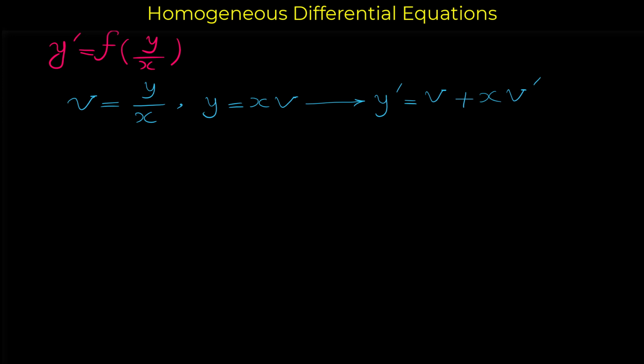Our first example is this differential equation: y prime minus y over x equals cosine squared of y over x.